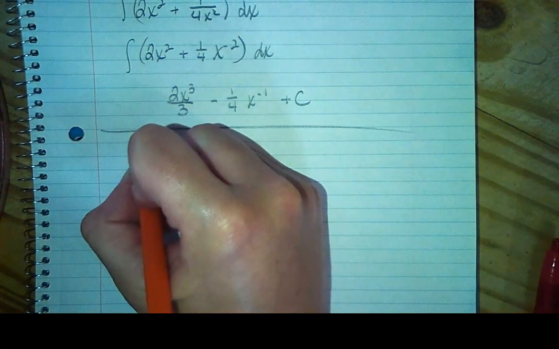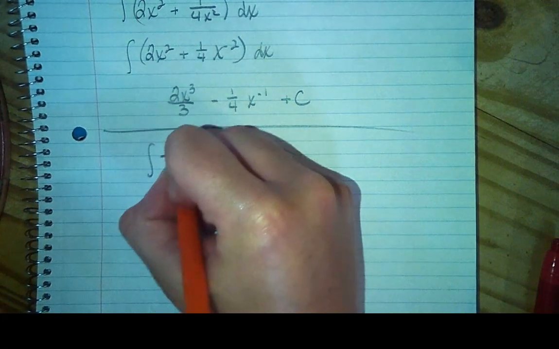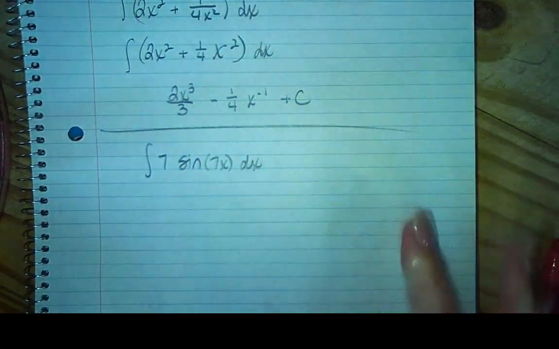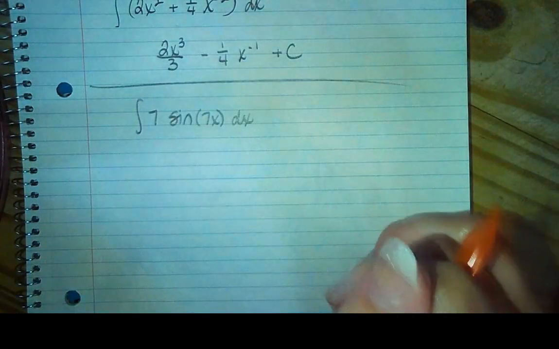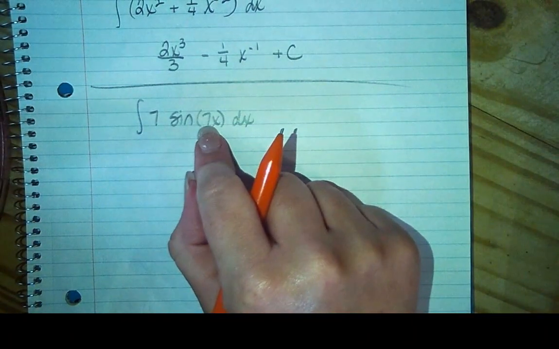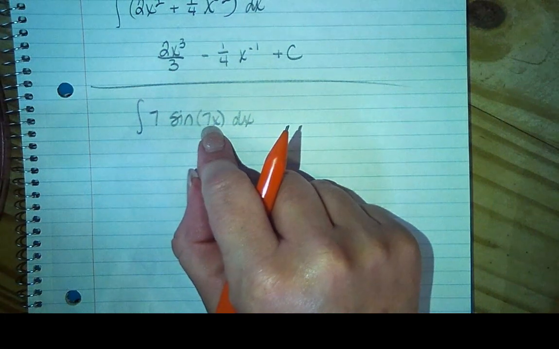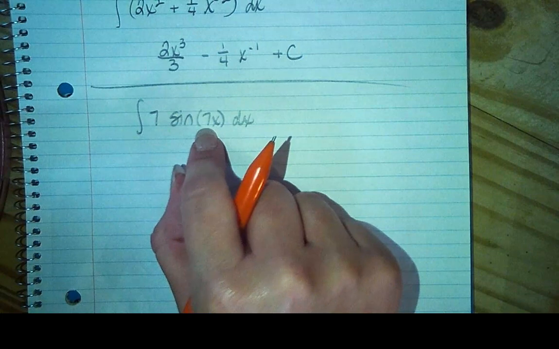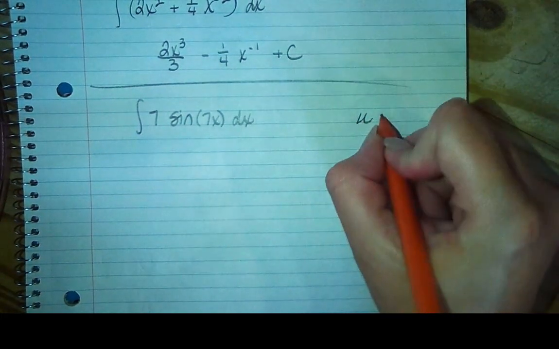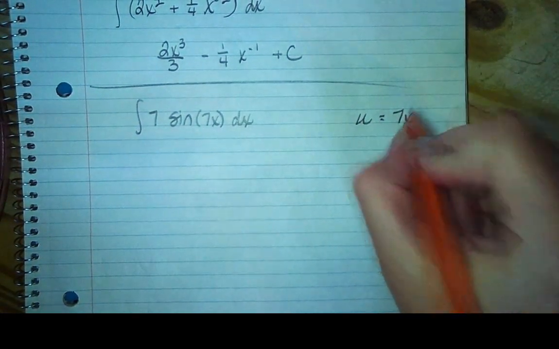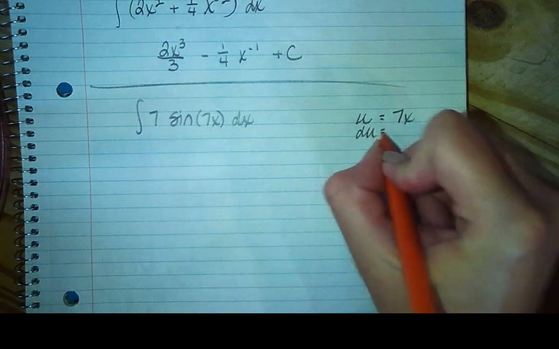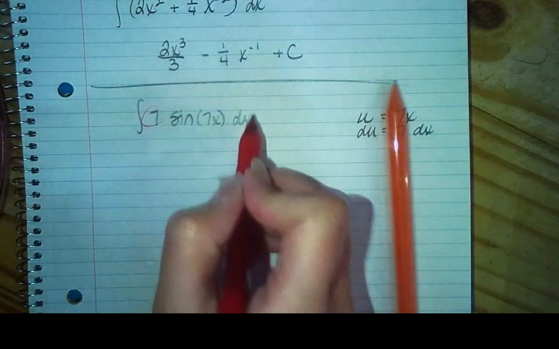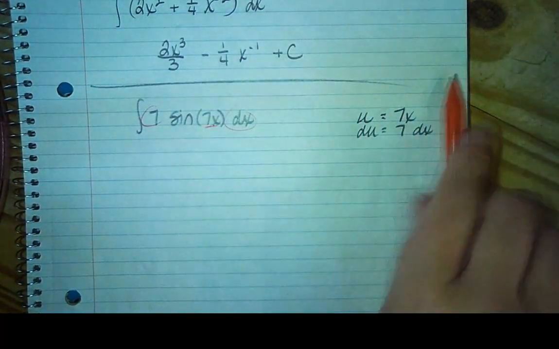So now I have the integral of 7 sine of 7x dx. So what's your u? Your u is going to be the argument of the trig function, because that's the inside, and its derivative is not 1. So my u is 7x, my du is 7dx, and I don't have to balance anything because I've got what I need all right there.